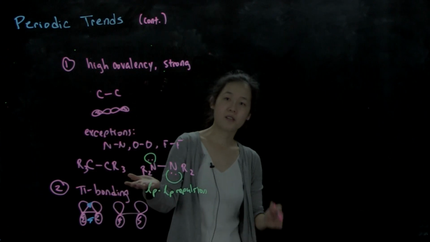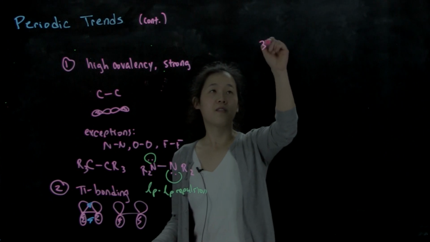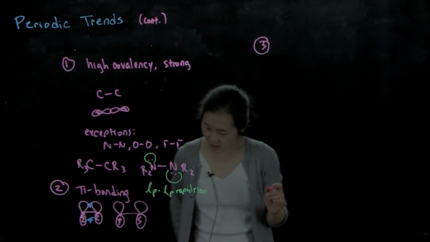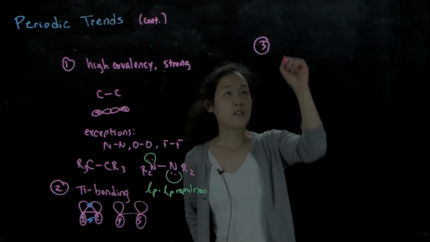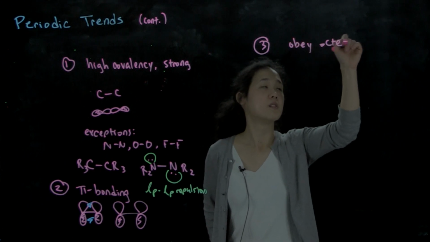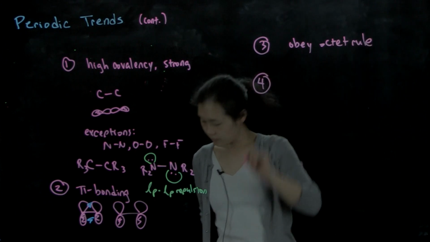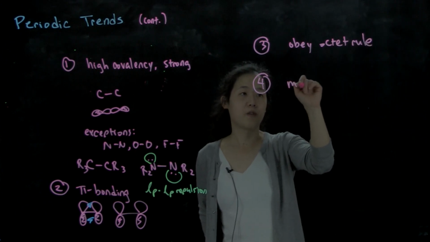Another result of the uniqueness principle is that due to the lack of d orbitals and also the small size, you're typically always going to obey the octet rule, and also have a max coordination number of 4.